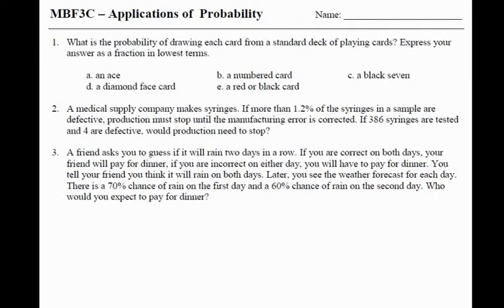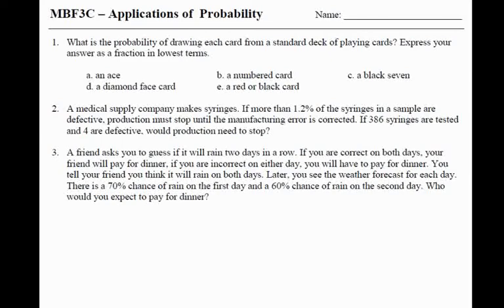The third one describes a situation where you'll have to determine whether you would be more or less likely to win. So basically, you and a friend are deciding who's going to pay for dinner. You're going to make a decision on whether it's going to rain or not, and then you check the weather forecast, and you're trying to decide if you are more or less likely to pay for dinner.